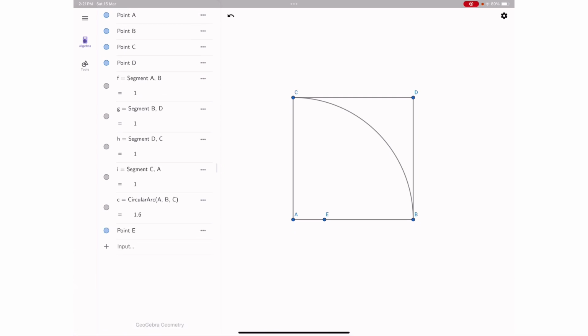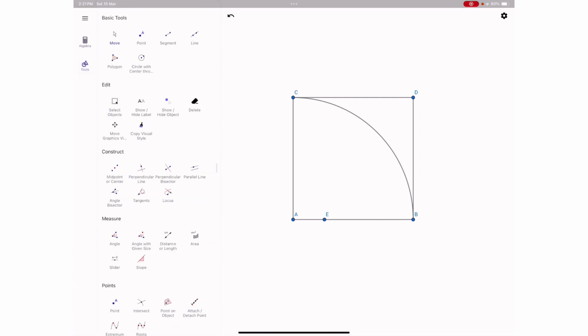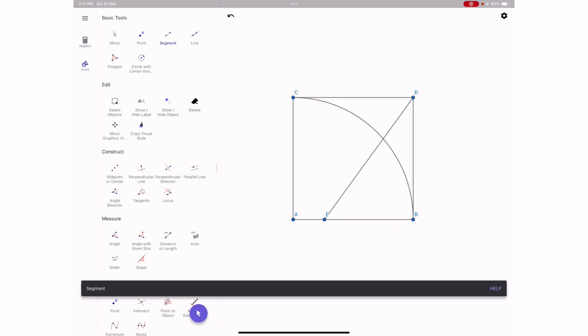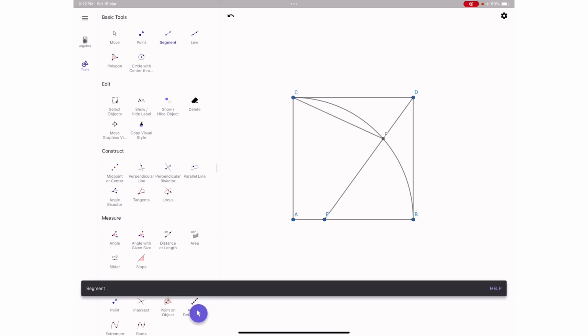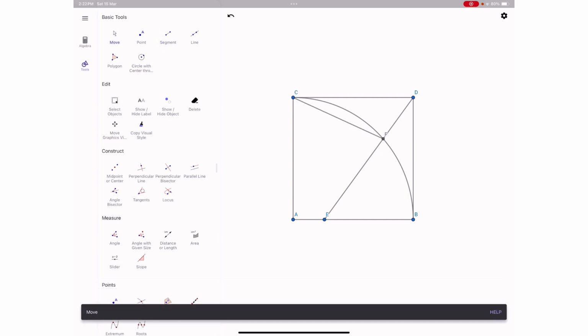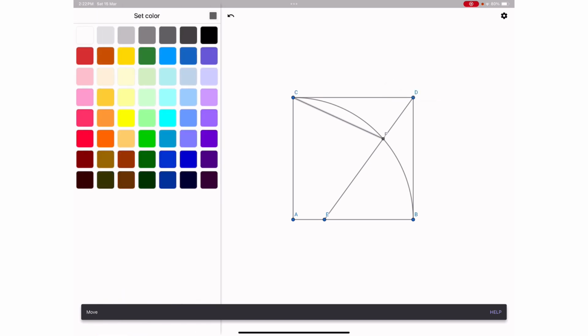Then all I need to do is to connect these two points here, and then define that point here, and then sketch the two line segments. Let me make this in red.